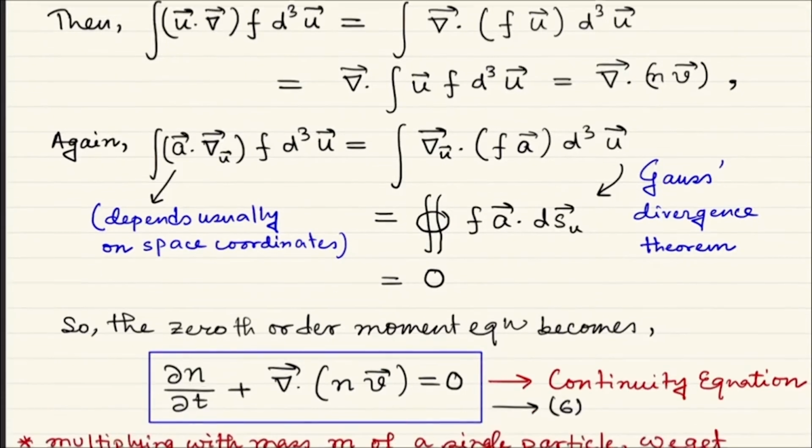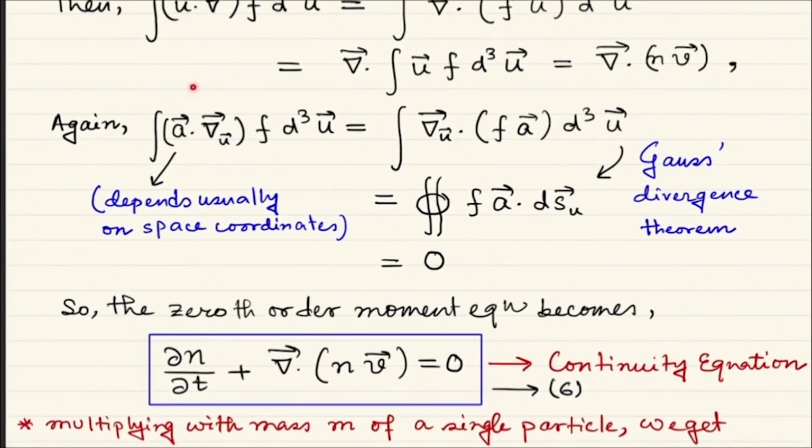So finally this forcing term is not contributing at all, and the zeroth order moment equation simply becomes del n del t plus divergence of nv is equal to 0. This is the most general form of the continuity equation.